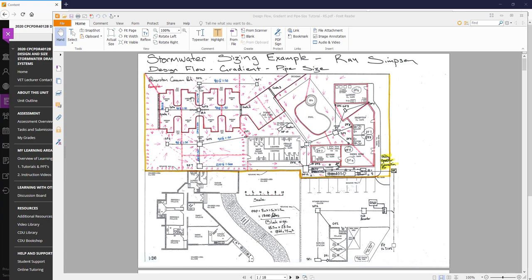So you can see here what I've done is I've identified where the utility operator connection point is over here. We've had to put a high efficiency displacement unit in, a HED. We've also had to put in an 18,000 litre OSD.